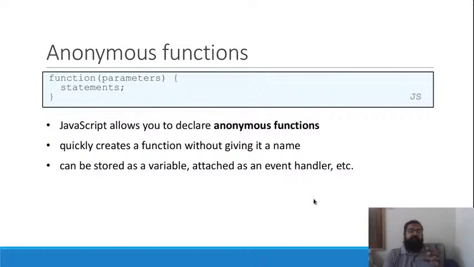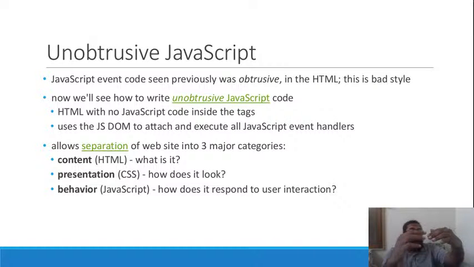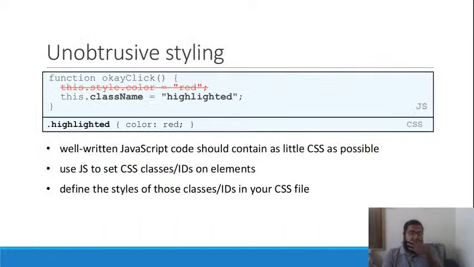So in effect, what we had started with was that we had to separate the parts of the website into different components like content, presentation, and behavior. So the content, presentation, and behavior is now separated, and the presentation part is in the CSS and the behavior part is in the JS.